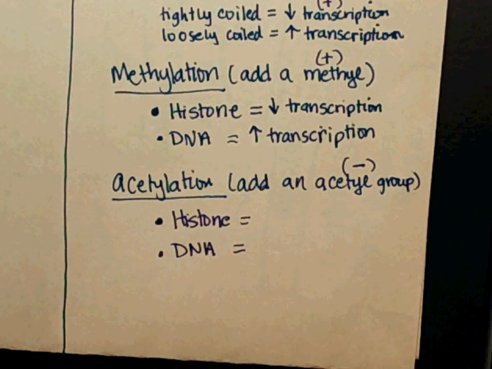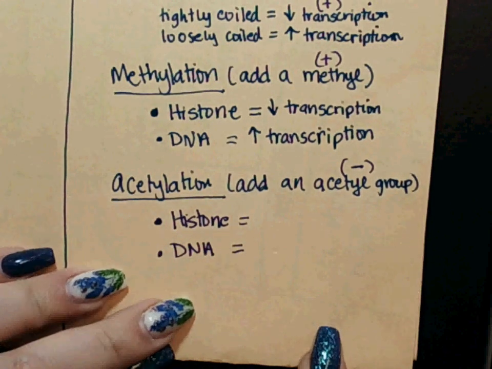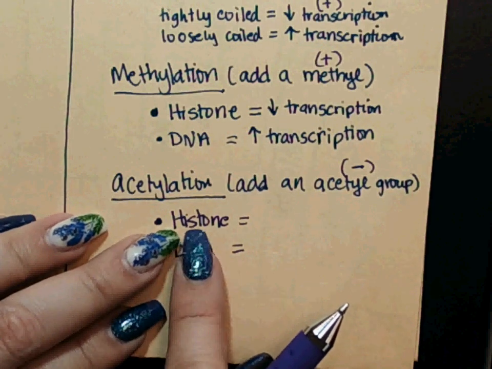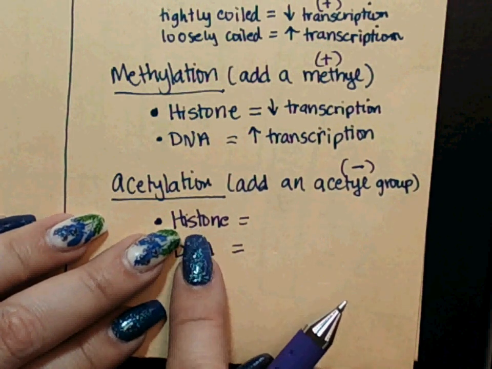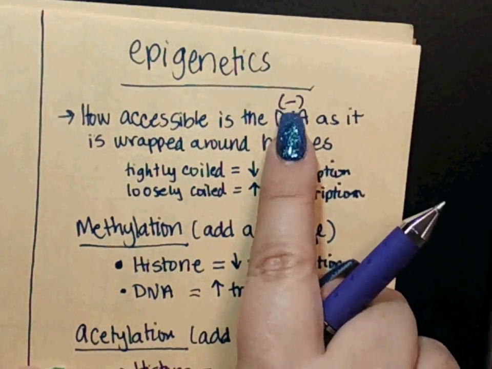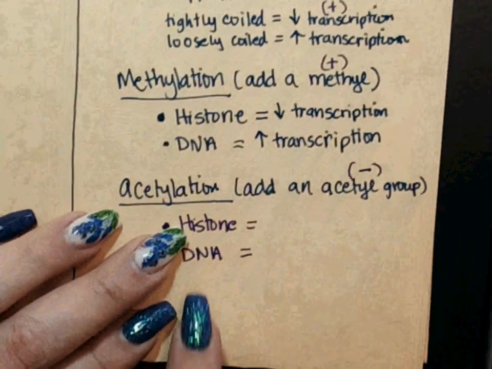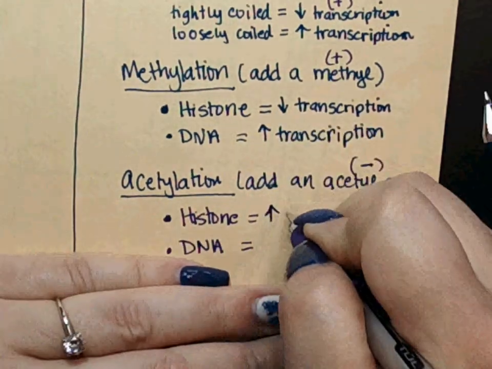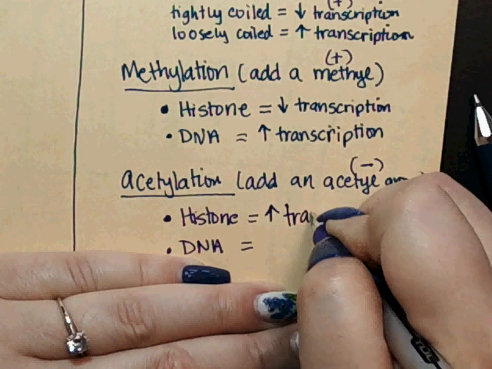All right, welcome back. So hopefully you made your prediction. By acetylating the histone, by making the histone more negative, you're going to make it resist or repel against the negatively charged DNA. So by making the histone more negative, you're going to increase the rate of transcription.